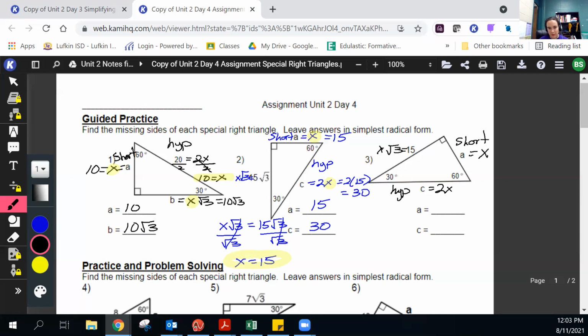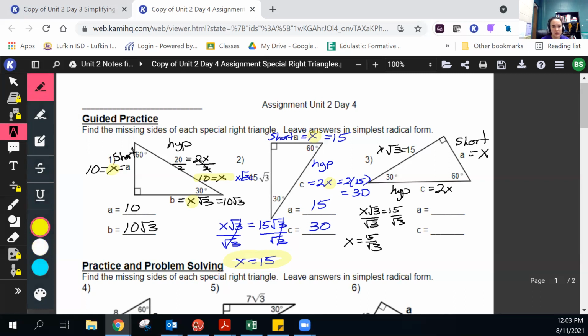We need to solve for x. So we've got x square root of 3 equaling 15. We divide by that square root of 3 on both sides, and that leaves us with x equaling 15 over the square root of 3. Again, we're not typing that in our calculator because it asked us to leave our answers in simplest radical form.